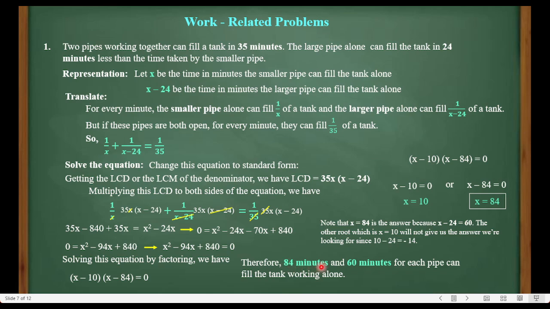So again, I'm sorry. 84 is for the smaller pipe, the number of minutes for the smaller pipe to fill the tank alone.